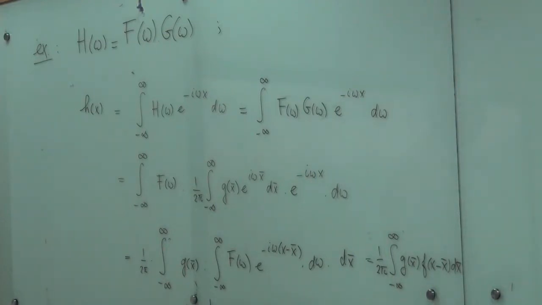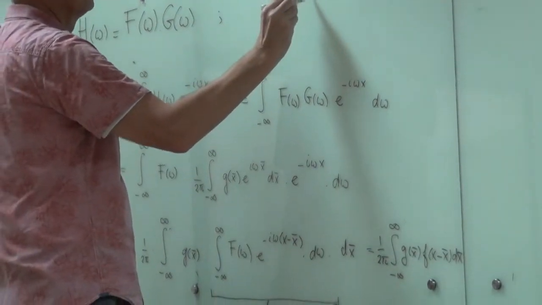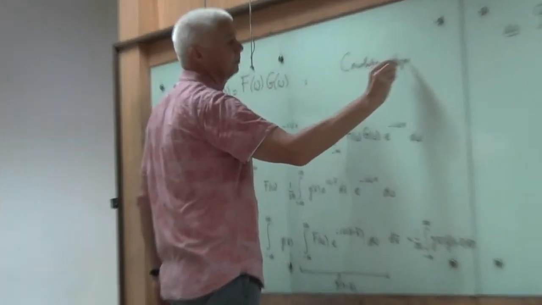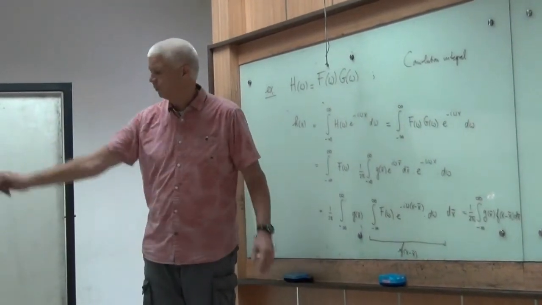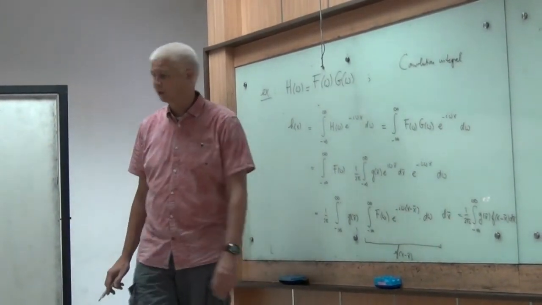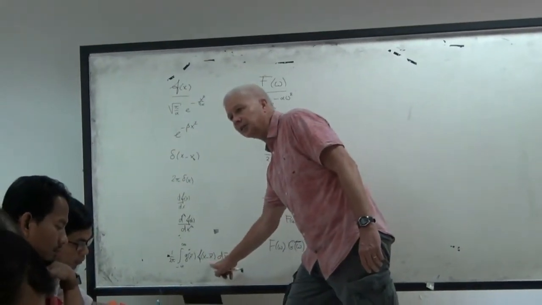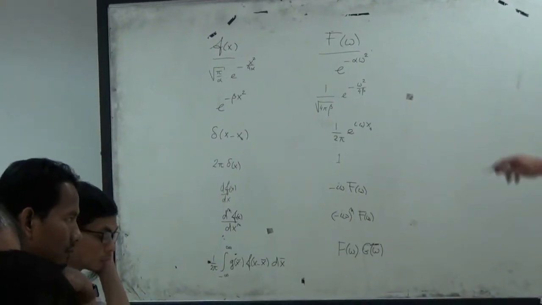And that's what we call the convolution integral. And if I interchange f and g, then you get the same answer, of course. So we can also write it down as f(x bar) g(x minus x bar). It gives you the same answer.